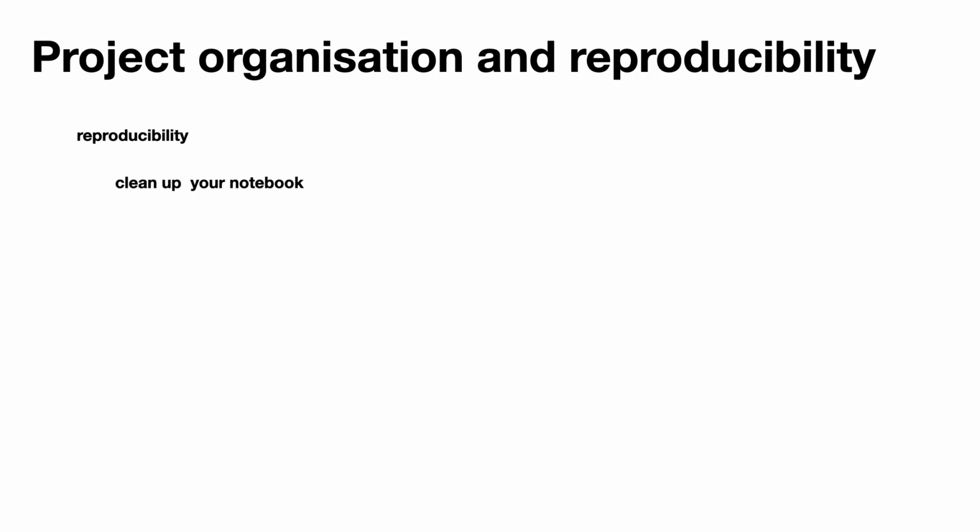So when it comes to closing a project, that's the latest time point where you should clean up your notebook. Make sure that your notebook can run from top to bottom without errors. Especially if you try out different things, it's very easy to just go up and try something and go down again and go up again and go down again in your notebooks.